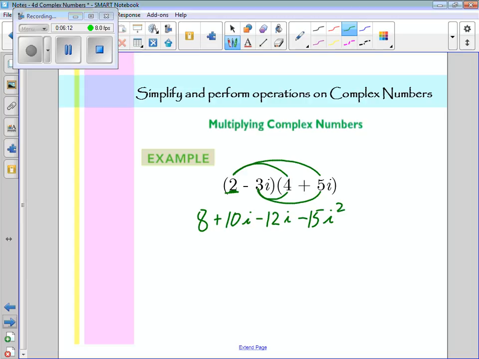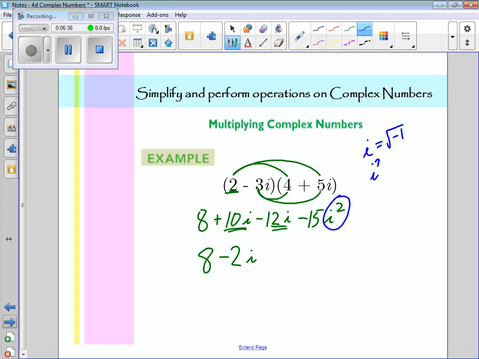So when we're simplifying this, we have 8 plus 10i minus 12i, these are like terms. But now that we have an i squared, I didn't talk about this before, but remember that i is equivalent to square root of negative 1. What happens if I square i?